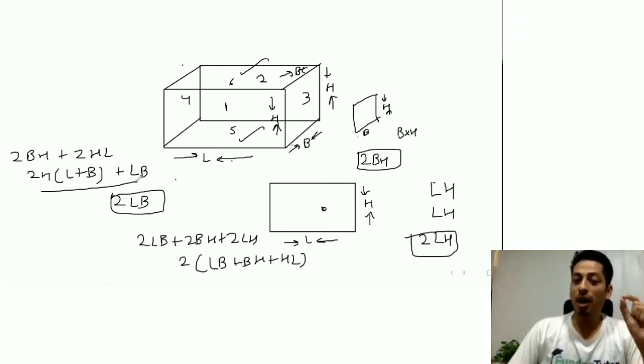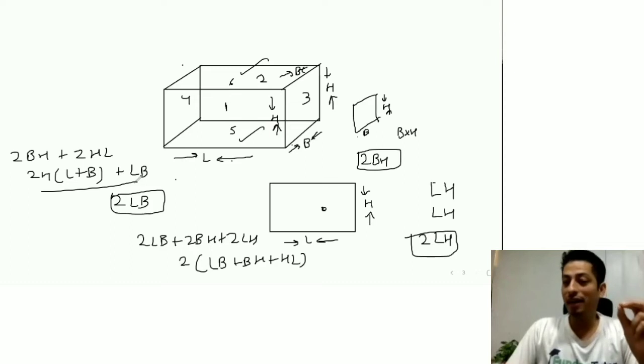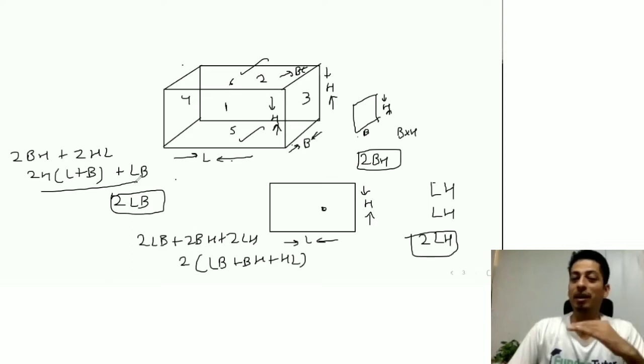Once your habit is made incorrectly, you will not be able to correct it later on. So just focus on the formula part. This is how to learn mathematics, and Monica ma'am, you have explained it perfectly fine.